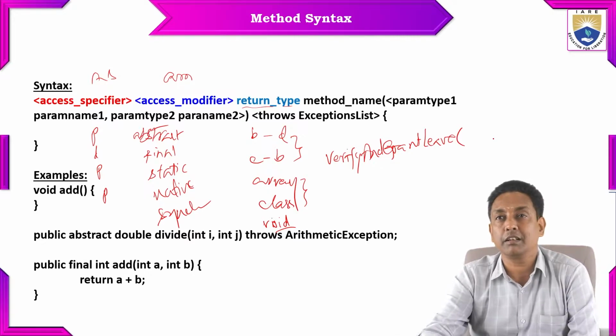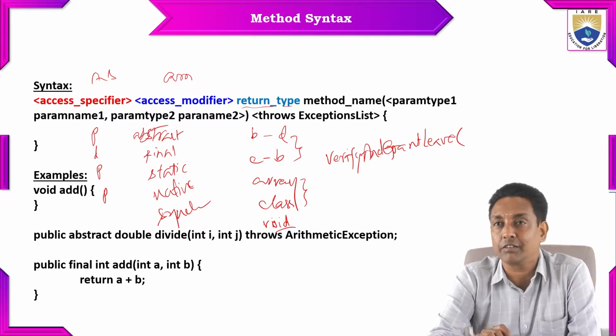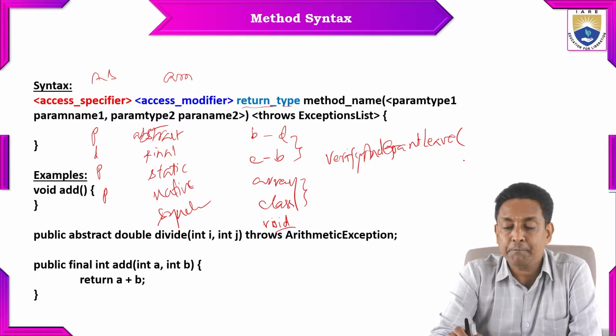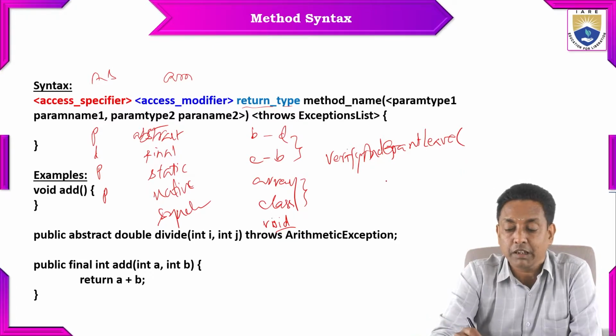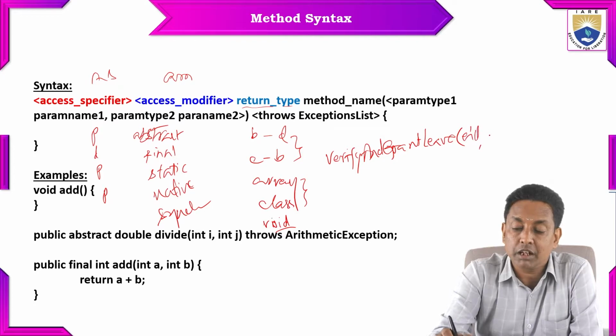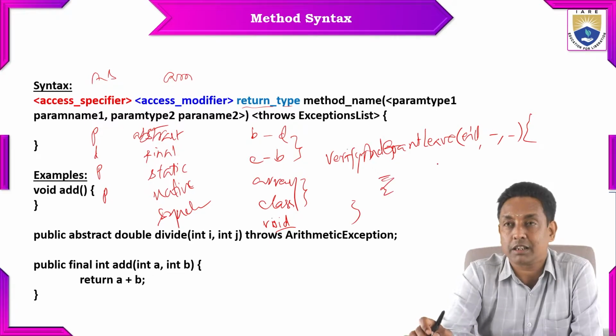Here the method name is verifyAndGrantLeave. It verifies if leaves are available, and then you grant the leave. If an employee is entered, with which date and how many days you want to apply leave, the method internally contains so much logic.